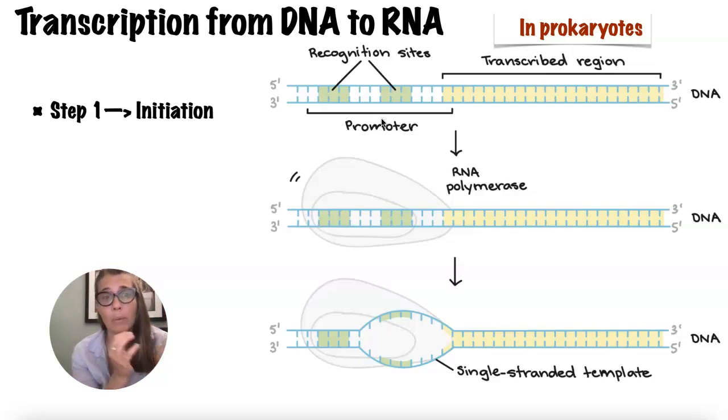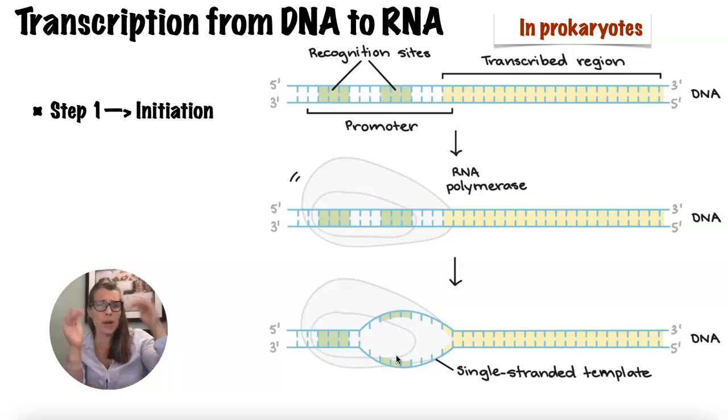Now that promoter can send a signal, and the RNA polymerase can recognize the signal, come, and bind to the promoter. Once it does that, they're going to open the bubble like you saw with replication. It's going to be similar here.